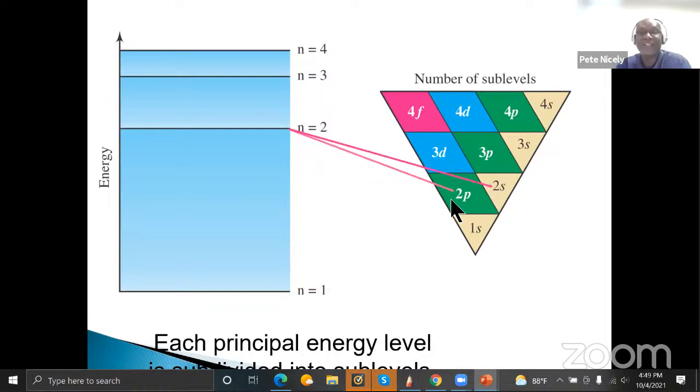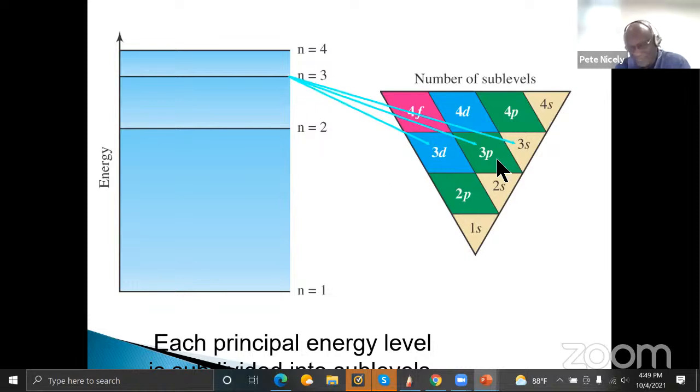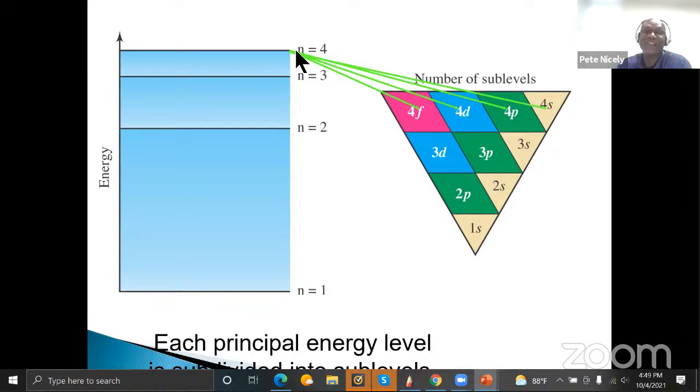One is called 2s, the other one is called a 2p sublevel. And when it comes to the n equal 3 energy level, there are three sublevels. You have the 3s, the 3p, and the 3d. And then finally, when you get to the fourth energy level, you have four sublevels. They're called the 4s, 4p, 4d, and 4f. And then you have some other higher ones as well, which we won't get into.